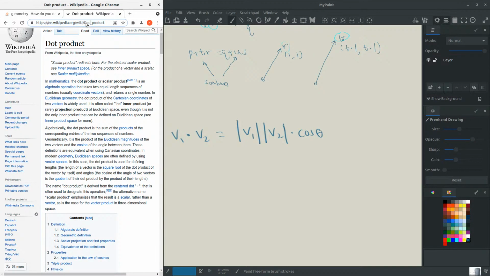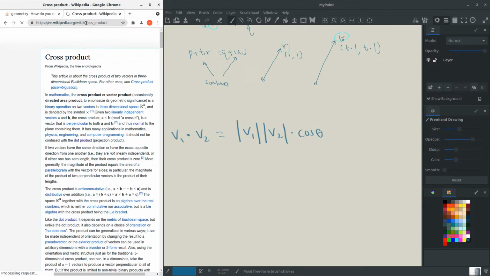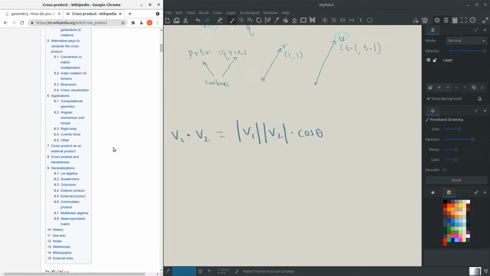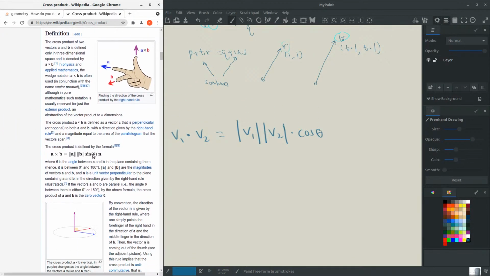So we'll take a look at that. Cross product, which gives us the sign. And then this actually also has a direction, which is a normal direction, so this is a unit vector here, which gives us the direction, the normal vector between the two, perpendicular between the two vectors.